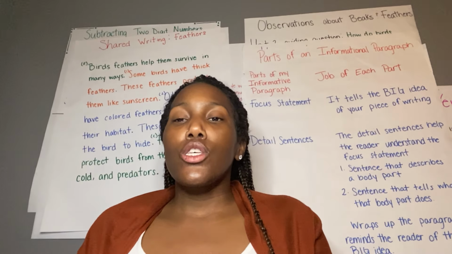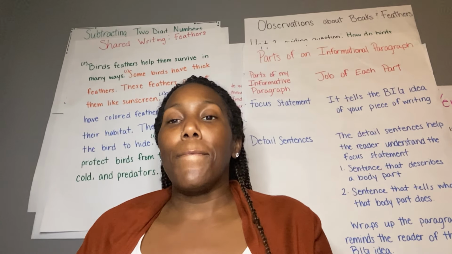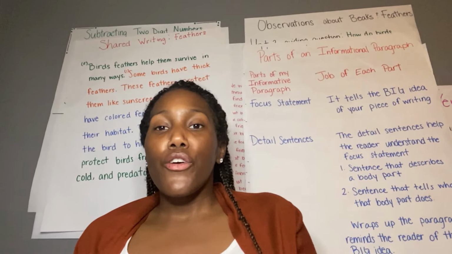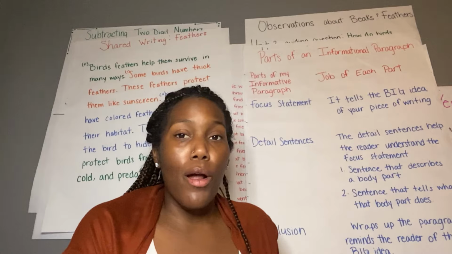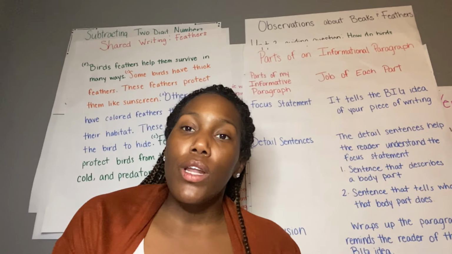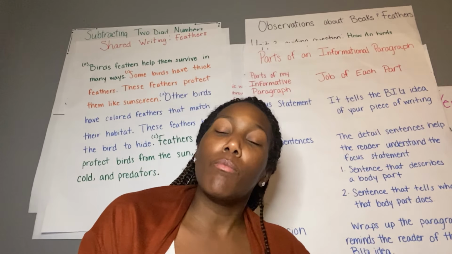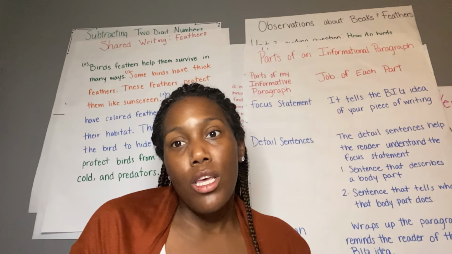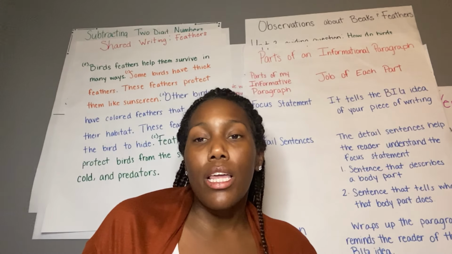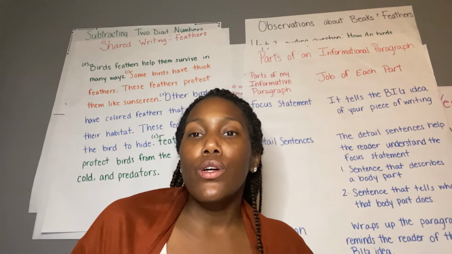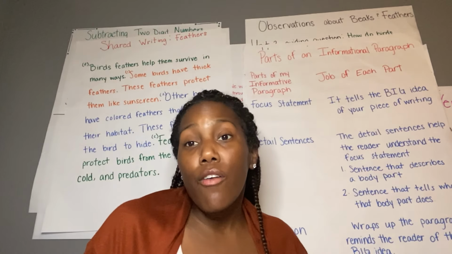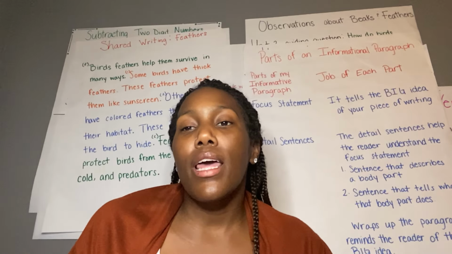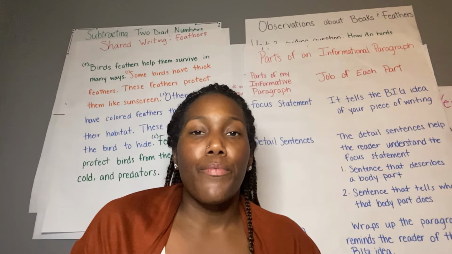You're going to talk about how that beak looks. So your first sentence in your detail describes the body part. And we know we filled out our notes chart to describe them using those great adjectives. So whether it was long and thin, whether it was curved or hooked or straight and narrow, however we described it, use that in your first detail sentence.